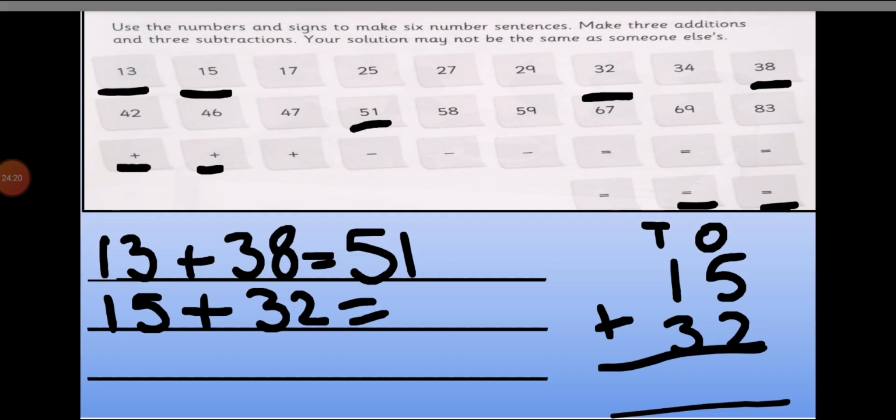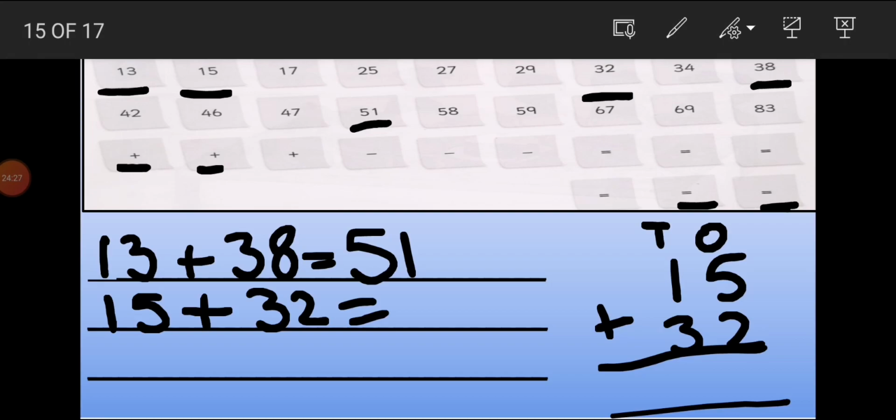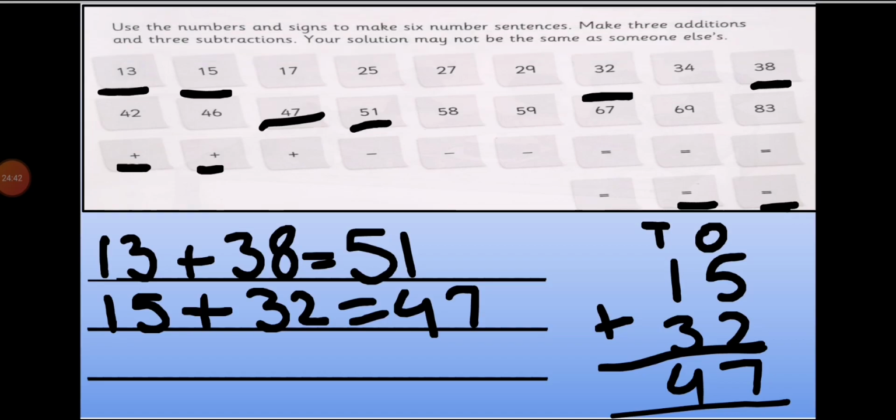In number 32, 2 is ones and 3 is tens. Now add the ones first according to addition. 5 plus 2, 5 in your mind. Now count 2 more, 6, 7. The answer is 7. Now add the tens. 3 tens plus 1 ten, 4 tens. So answer is 47. Is 47 present in the list? Yes, it is here.